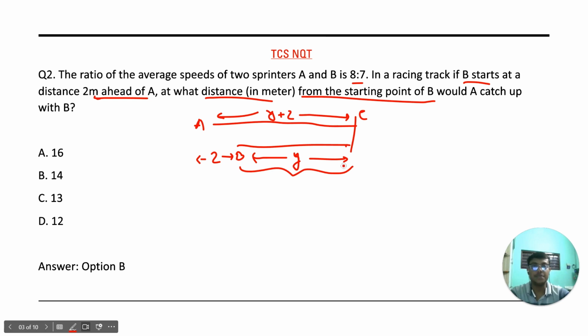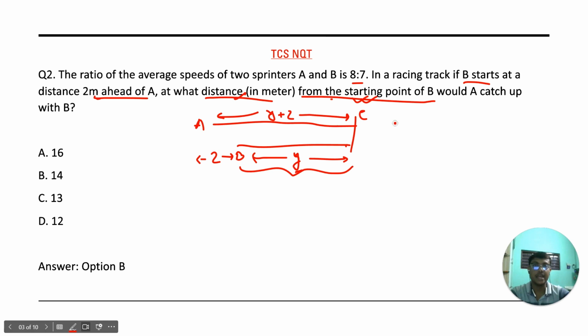But I took B to C as y because we need to find the distance from the starting point of B. Thus, when we solve the equations, we get the value of y and can use it directly to point out our correct option.